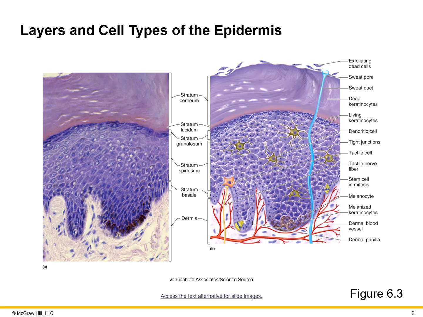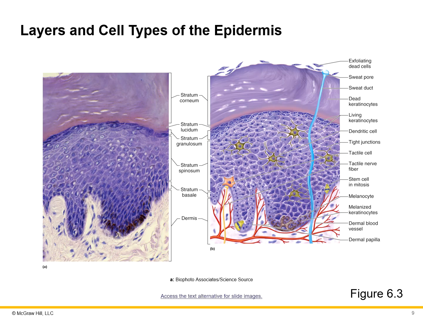And if we look at illustration B, that shows the major types of cells that make up the epidermis and includes the glands and blood vessels in the epidermis and the dermis region. The cell types in each layer of the epidermis are: in the stratum corneum, exfoliating dead cells, sweat pores, and dead keratinocytes. In the stratum granulosum, we're going to find some living keratinocytes.